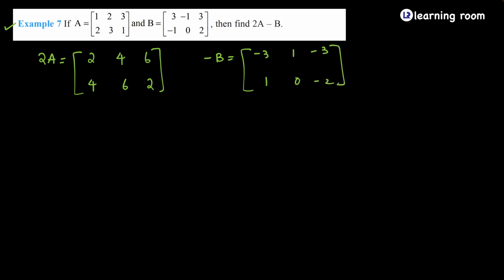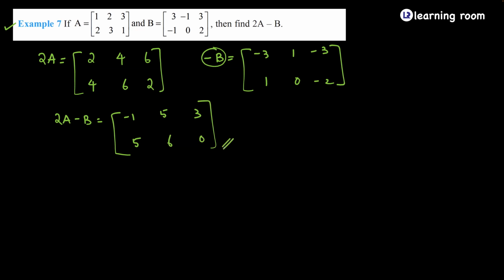Then when you do 2A minus B, what are we going to get? You can directly add it because I already wrote it as minus B. Listen to this carefully. Don't subtract them, directly add them. So 2 minus 3 is minus 1. 4 plus 1 is 5. 6 minus 3 is 3. 4 plus 1, 5. 6. 2 minus 2, 0.